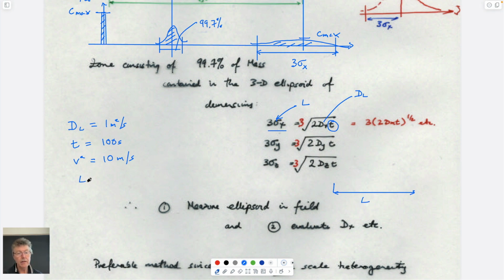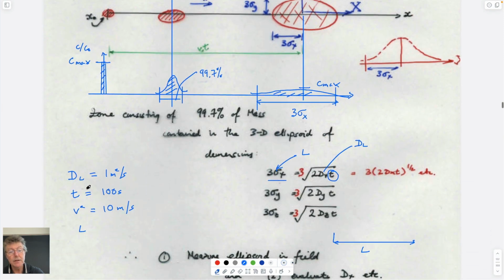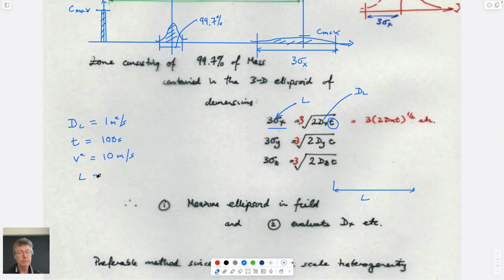So L would be equal to velocity times time, which is 10 meters a second times 100 seconds, 1,000 meters.